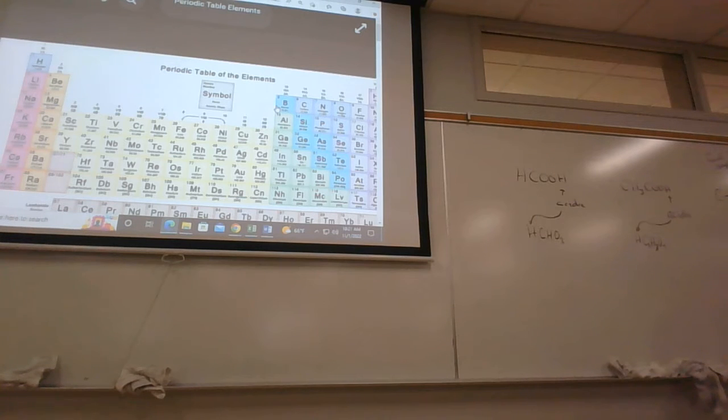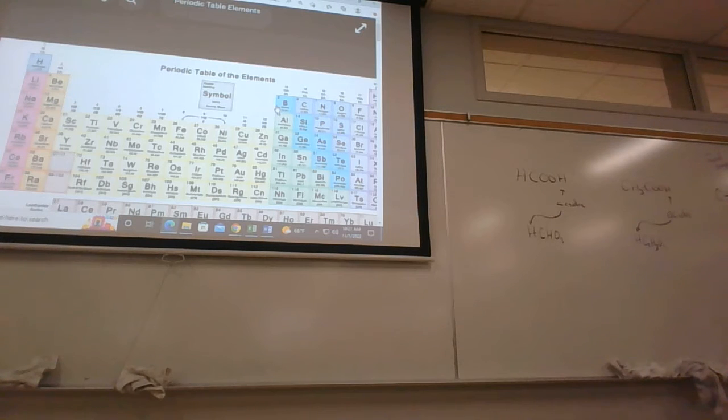Let's go to a non-acidic hydrogen, which is going to be on this side. These 3 hydrogens in acetic acid are non-acidic. So we'll just look at acetic acid here. When we look at the electronegativity difference, carbon and hydrogen are comparable. Carbon is just slightly more electronegative.